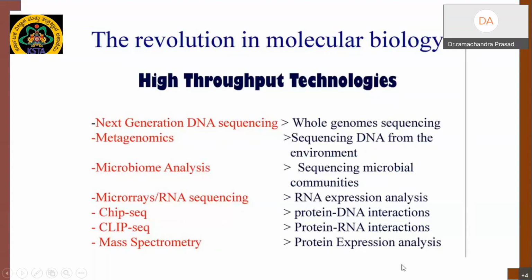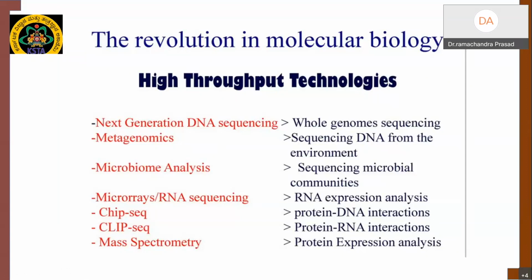The ChIP-seq or CLIP-seq, this is all protein interactions, protein-DNA interactions, because there are many proteins which bind with the DNA. For instance, in transcription, there are many transcription proteins which bind with the DNA. And protein-RNA interactions, there are many proteins that bind with the RNA also.